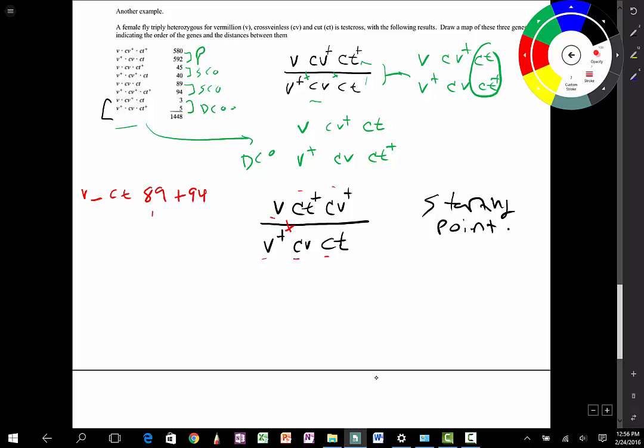We'll also have to put in the double crossovers because we always do that. Then we're going to have a distance between CT and, let me fix my starting point over here. So the starting point is V, CT's in the middle.